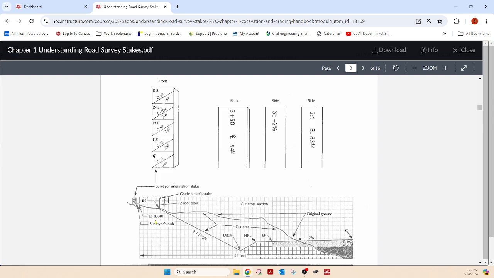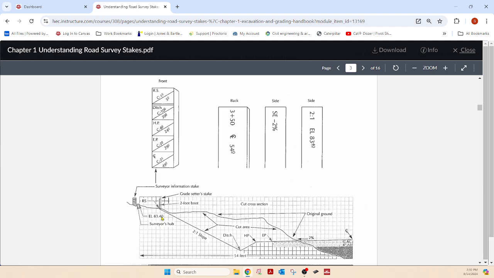And I hope you got that. 83.4 is the hub at the information stake, but it tells us to set my stake, let's say I'm the grade setter, down a foot and out 5 foot. So I have to be 1 foot lower than that. So my surveyor stake is 83.4. No, that's the surveyor stake.